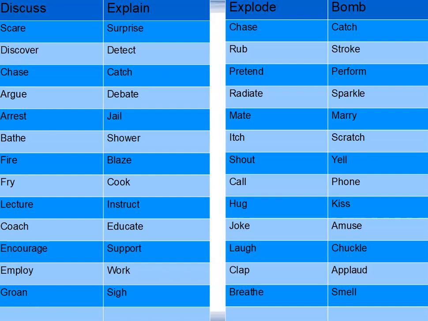Fire and blaze. These are nouns now, so these are not verbs. Most of these are verbs, but those two are nouns. So fire and blaze. Anybody know one of them?